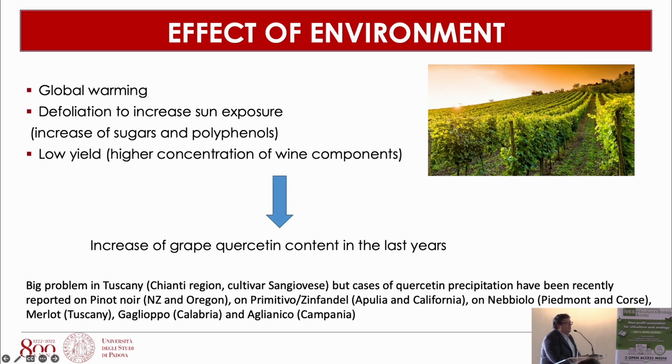So we can expect that in the future, this problem can be more widespread all around the world. So we are open to collaboration with other groups, because it can be interesting to have a database of quercetin content in different varieties. This can be important.